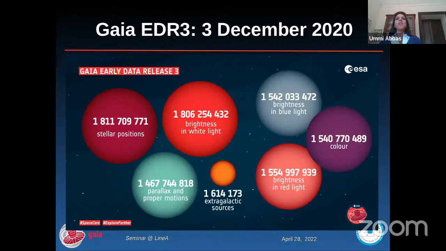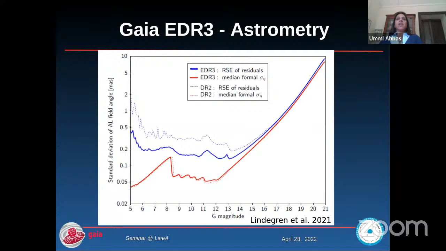So at least already with the astrometry of EDR3, we were able to look at, for example, relativistic experiments. So the astrometry is shown here.